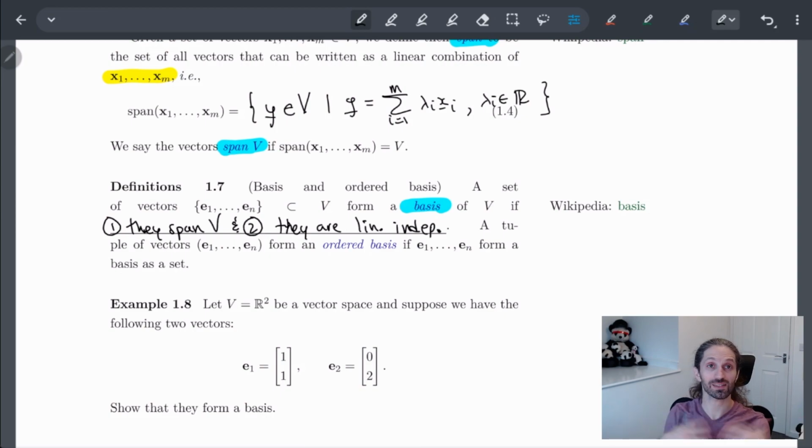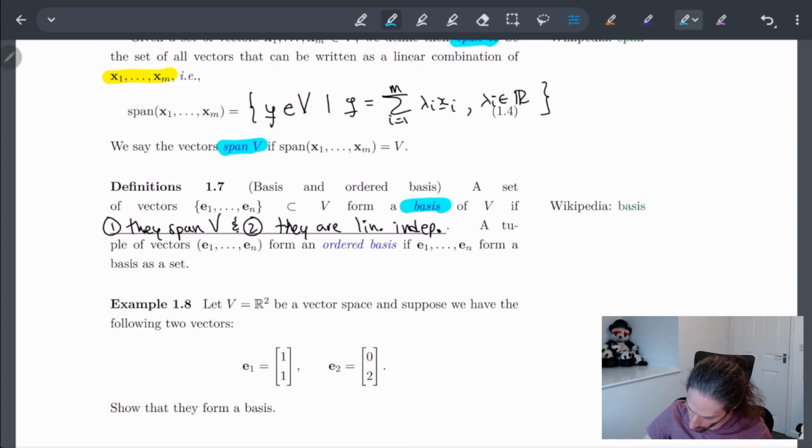Now here it's a set, so it doesn't really matter what the order of these elements is. We just have a set. Sometimes later on, it's going to be more beneficial if we give an order to these basis elements. So we will say it's an ordered basis if we have a tuple of vectors. In other words, we're making a distinct order on these.